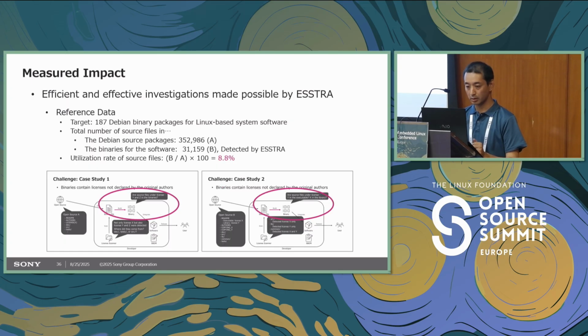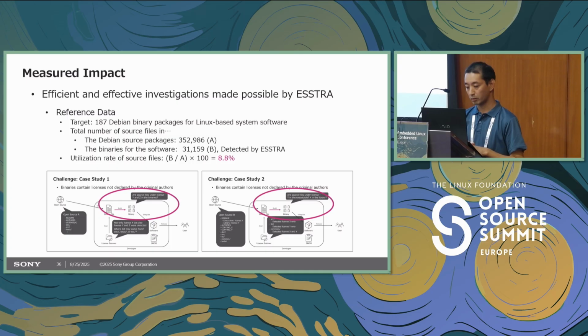Let's revisit the challenges we saw earlier. In both case studies, we couldn't tell which source files were actually compiled into the binaries. With ESSTRA, we can now solve that technically. For example, we applied ESSTRA to 187 Debian binary packages used in our Linux-based system software.